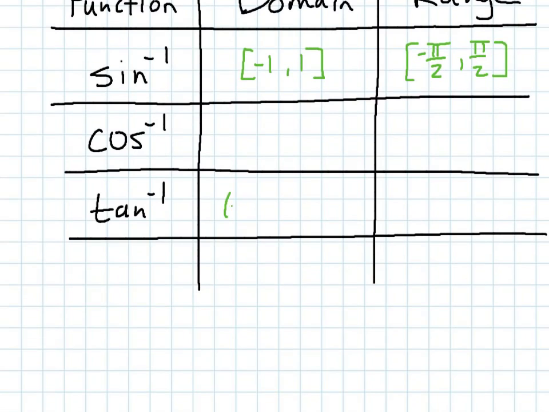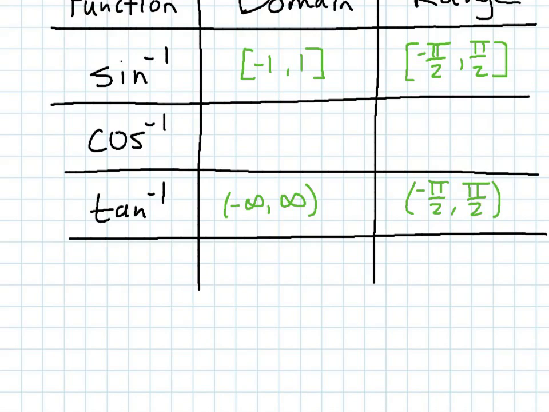So it's actually all reals for the domain, so you can have any value for tangent, positive or negative, but the only values you're going to get for the range are in between -pi over 2 and pi over 2, kind of like sine, except we do not include -pi over 2 and pi over 2, because at those points your y value is 1 or -1 and your x value is 0. So when you divide by 0, it's undefined at those points, so we don't include those values.